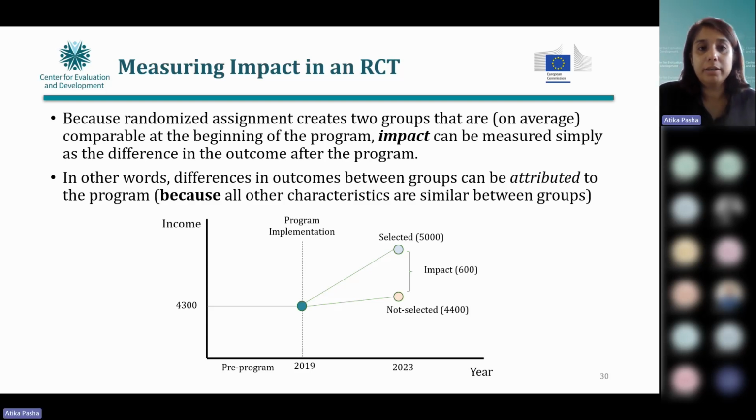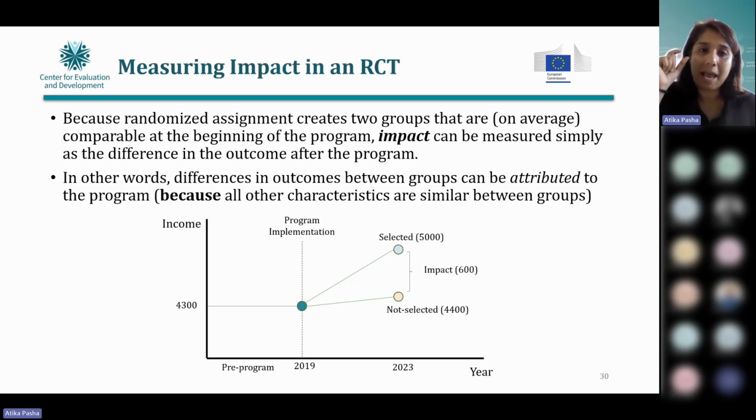Right, what I want to bring us to again is the two words that I stressed previously. One is causality and the second is attribution. Through this random assignment of individuals into the treated or control group, into the training program versus not, we can be certain that they were on average comparable at the beginning of the program.